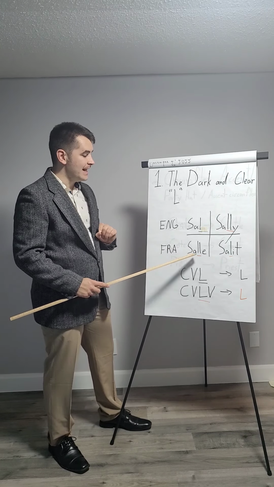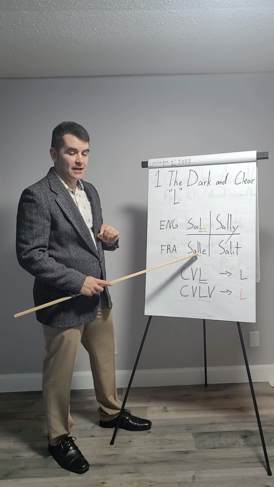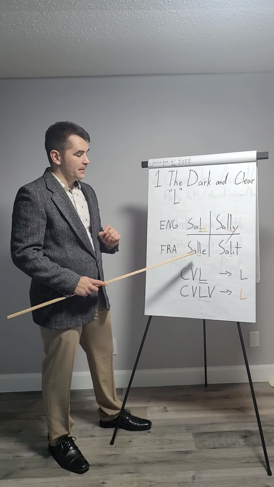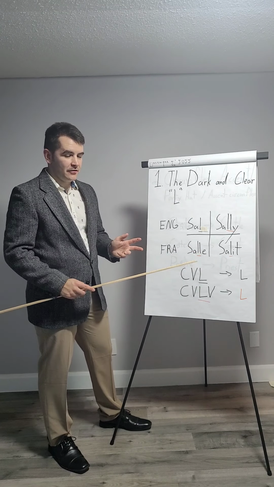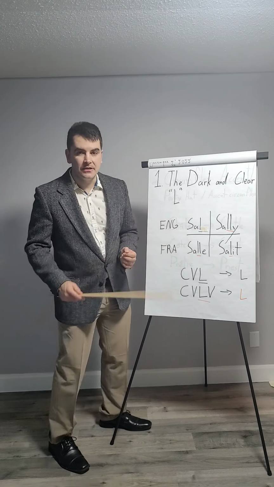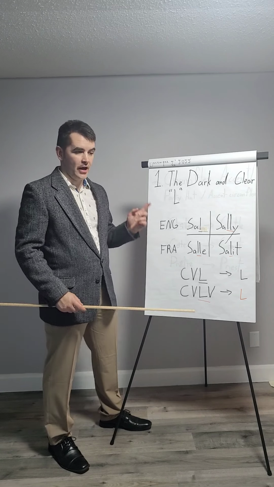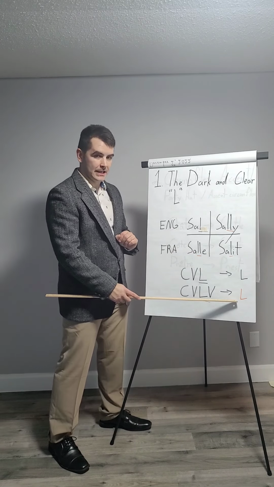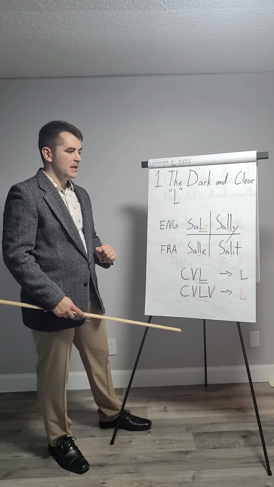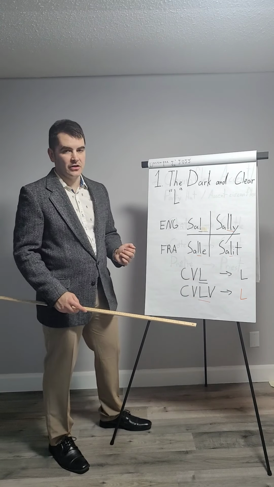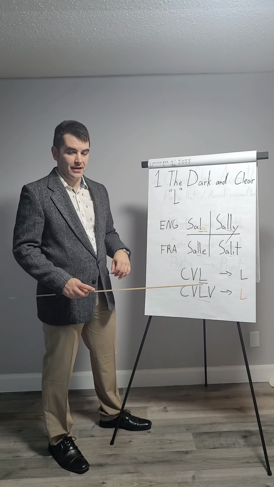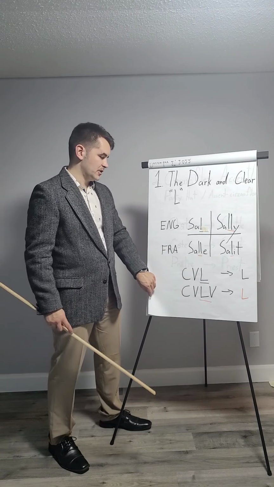So you would say la salle rather than la salle. And it may still be confusing. However, we're going to get into more exercises on how to use that L, so only the clear L in French, because it's a clear indication that someone that uses the dark L at all in French is a non-native French speaker.